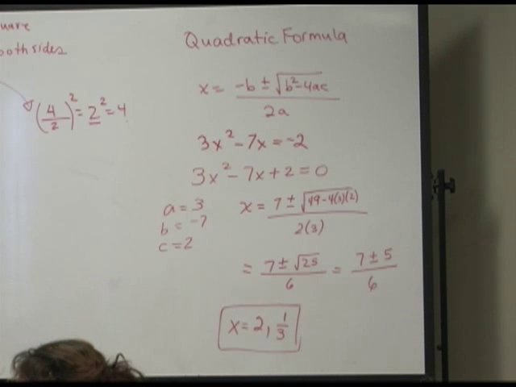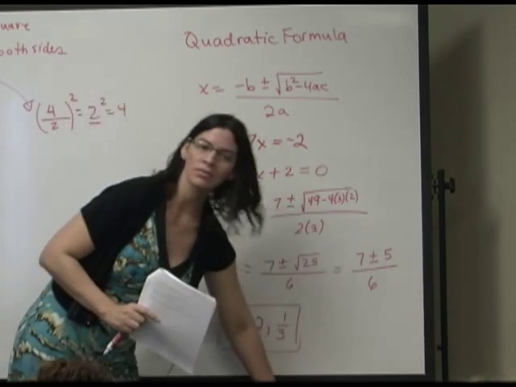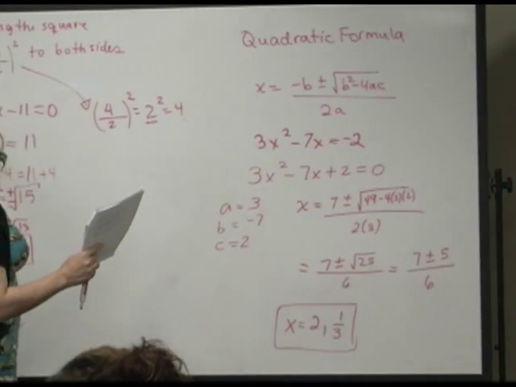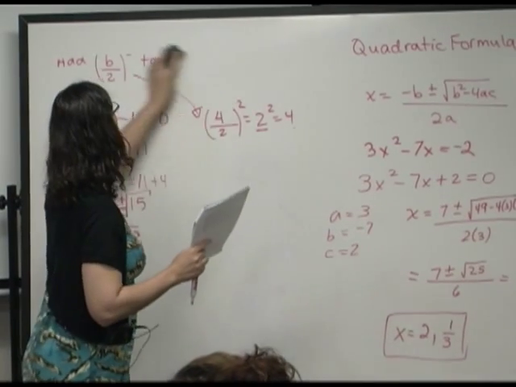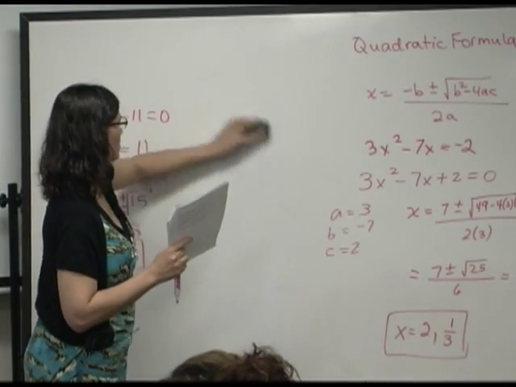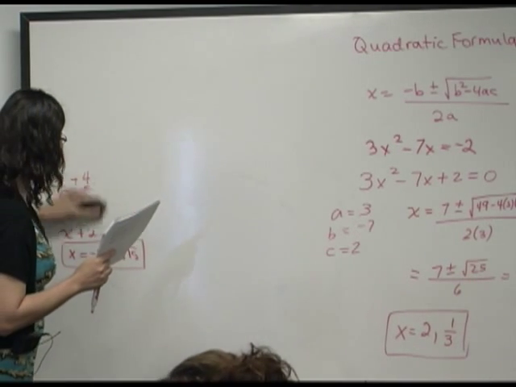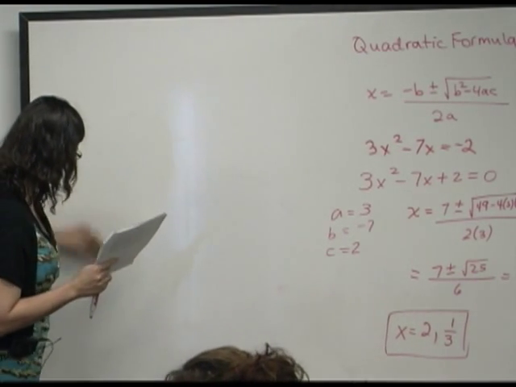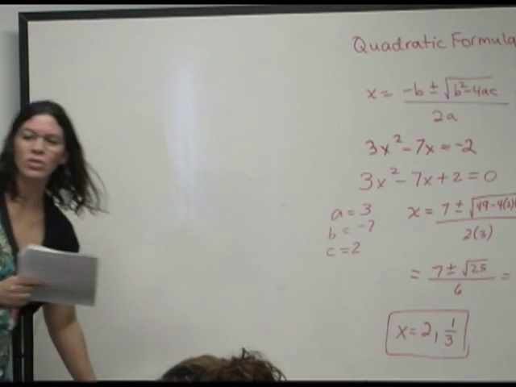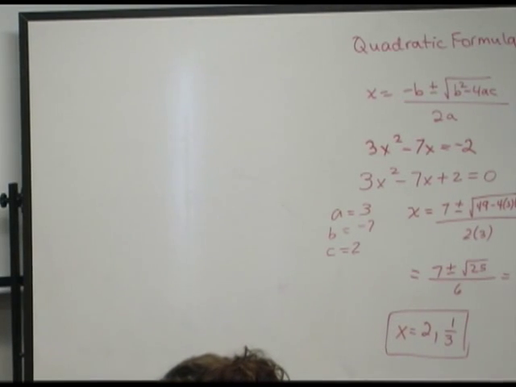Vertex. How do you find the vertex? What's the formula for the vertex? I'm trying to go over a lot of concepts here real quick, but if you have questions, stop me, okay?